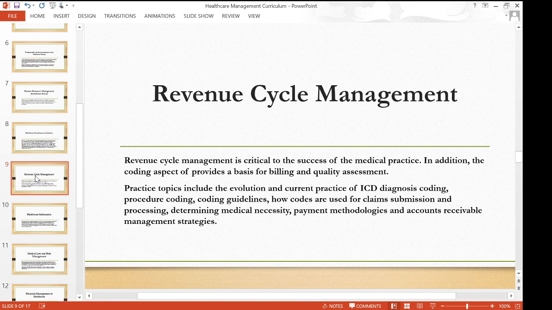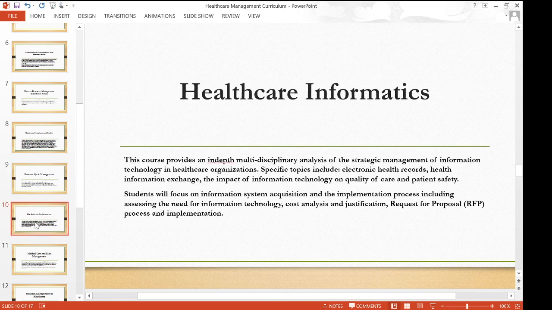Practice topics include the evolution and current practice of ICD diagnosis coding, procedure coding, coding guidelines, how codes are used for claim submission and processing, determining medical necessity, payment methodologies, and accounts receivable management strategies. These are everything you are going to learn in this particular subject.